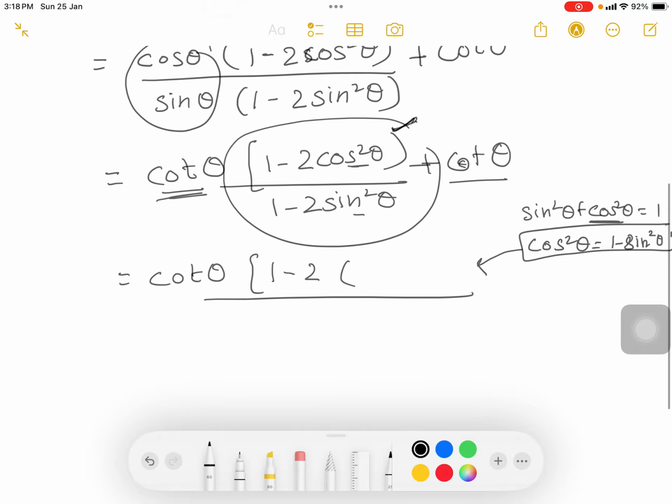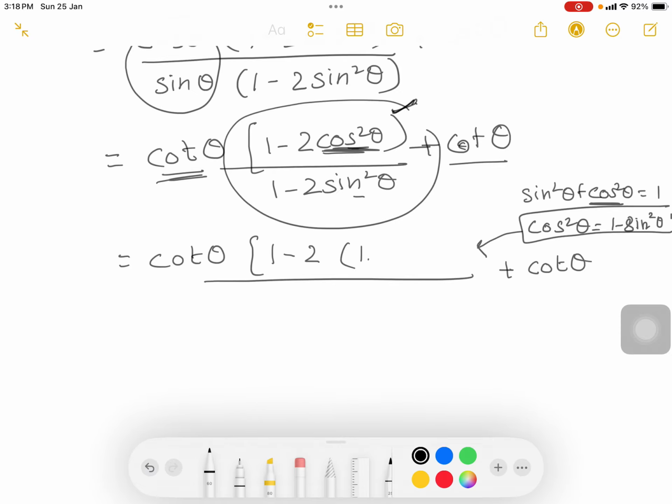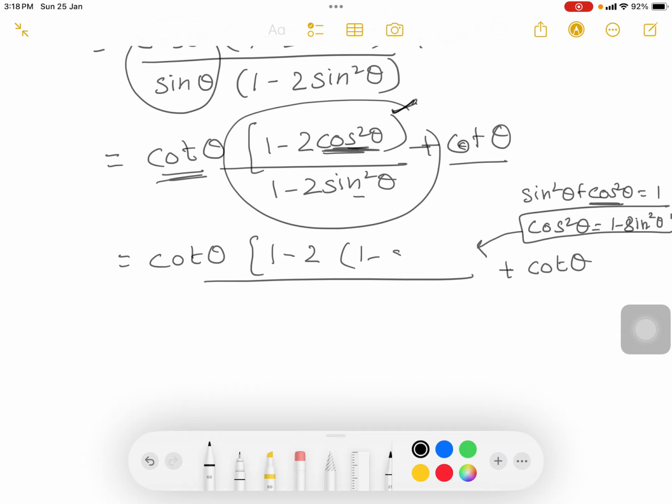See children, whatever identity you are using, at the same step you have to mention that identity. So in place of 1 minus 2 I have taken common, there is left only cos square theta. In place of cos square theta I am writing 1 minus sin square theta. And what is in the denominator? 1 minus 2 sin square theta.